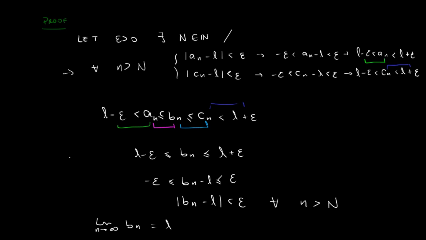Now, why is this theorem called sandwich? I'm going to be drawing the sequences as lines because it's going to make it more clear. But if we have this sequence, C sub n, and this other sequence, a sub n, they both have the same limit.